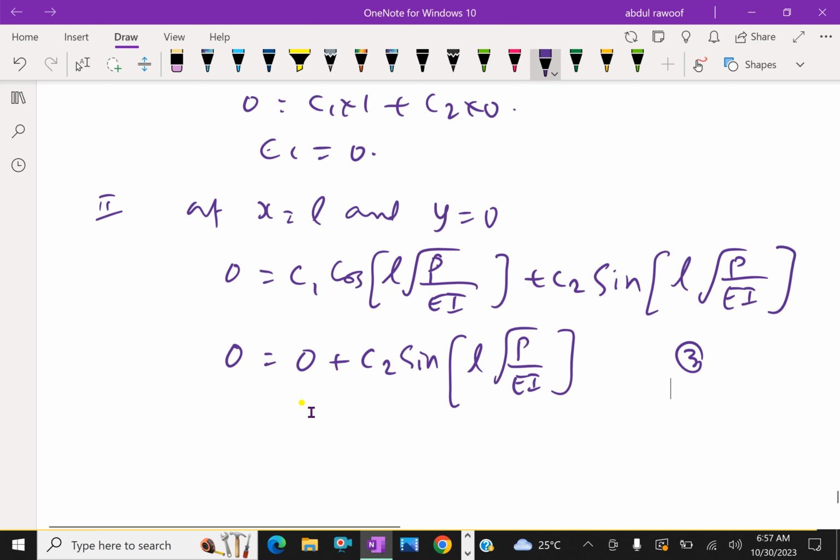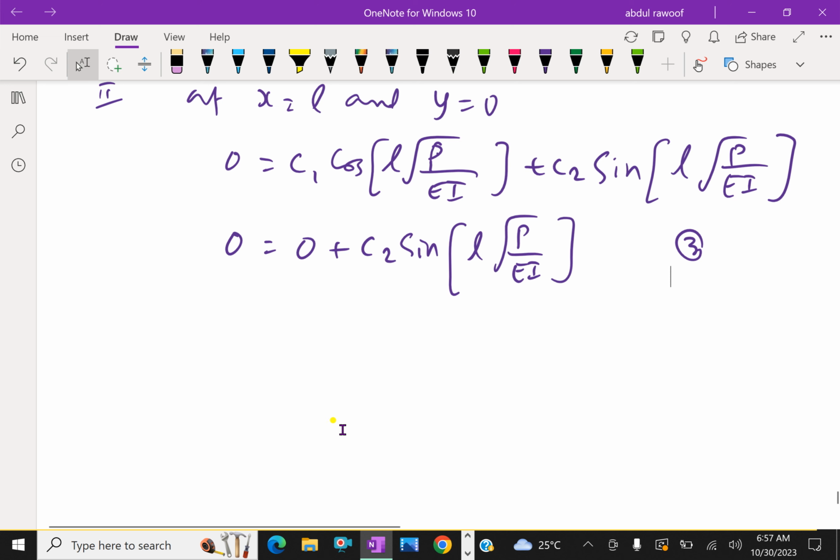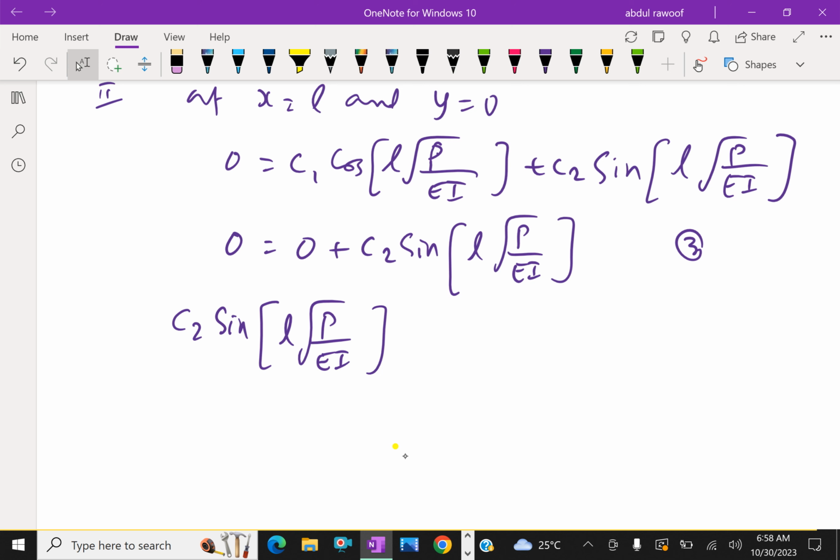Now, from equation 3, C2 sin of L into root of P over EI equals 0.